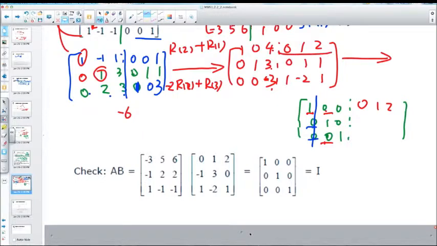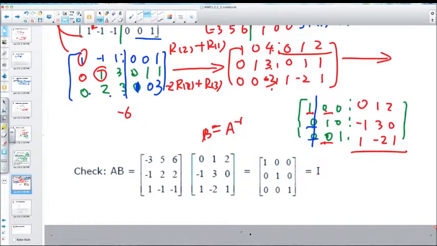This row is right. And then I need a calculation, make this 1, negative 2, 1. And then this operation will end up the inverse of the A, which is B equal inverse A.